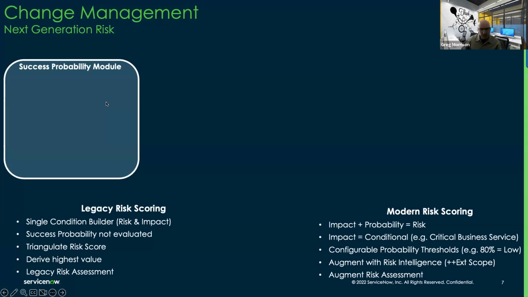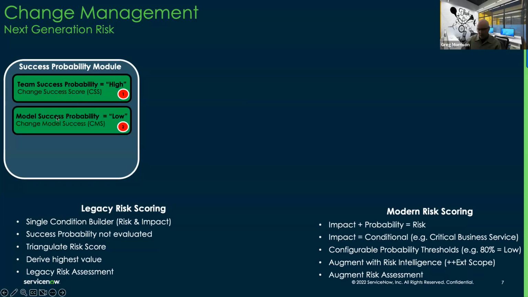So within this success probability module, you can evaluate risk at individual team levels or group levels, and you can use different parameters to profile that risk. For example, you can use team success probability, which is your change success score, or you can use change model success, which is basically how good or bad we are as an organization at delivering these changes into the target environment.